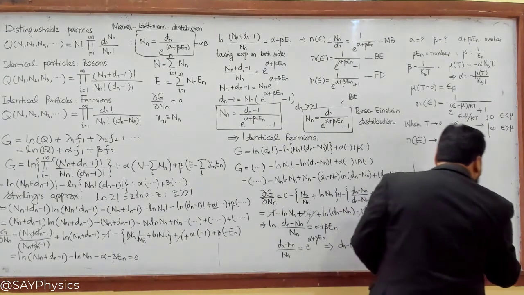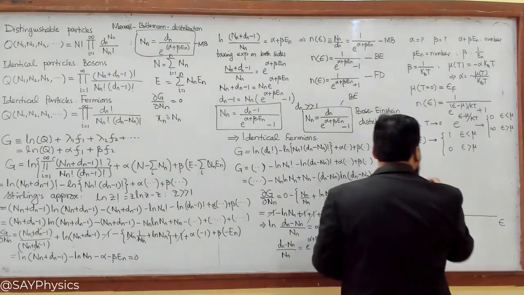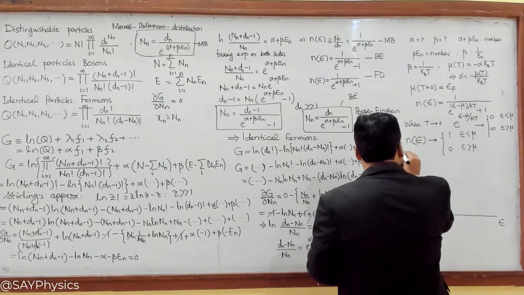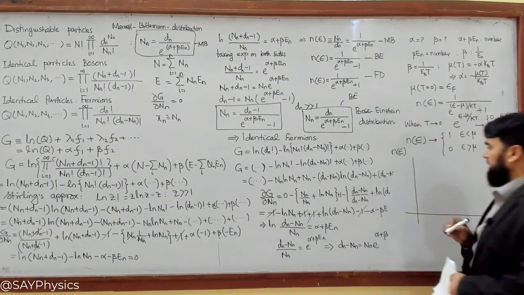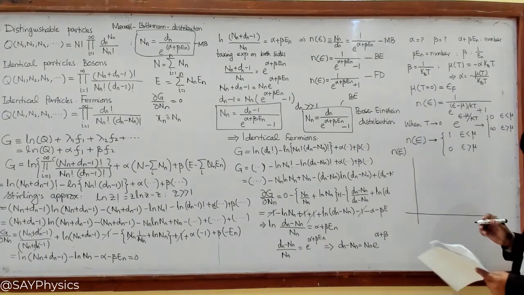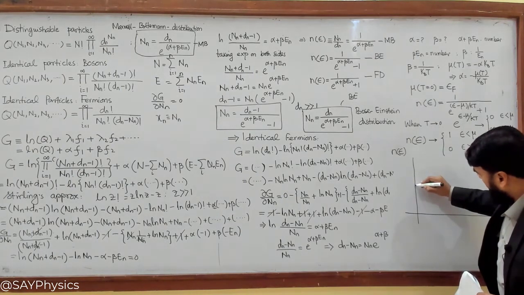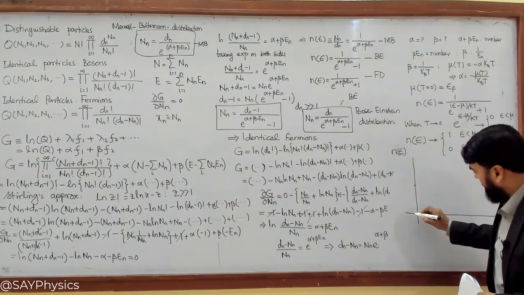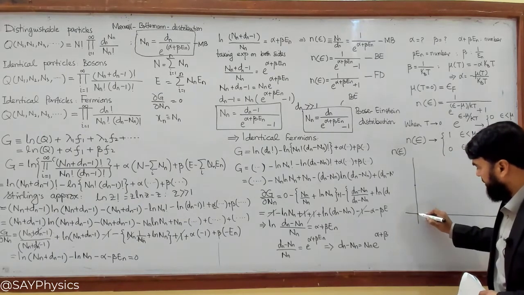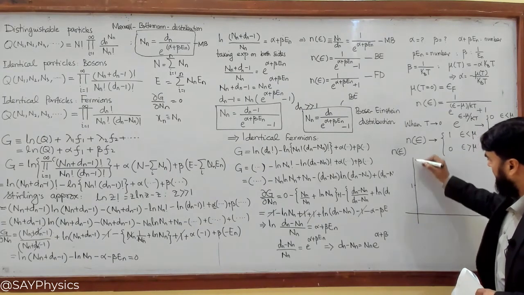On this axis you are having E, meaning the energy, and on this axis you are having N(E). And now here, this is the origin, 0, this value is 1, this value is 2.